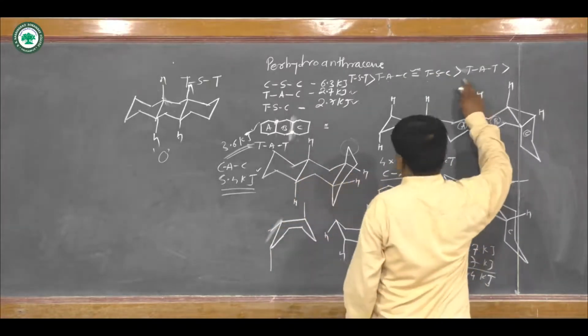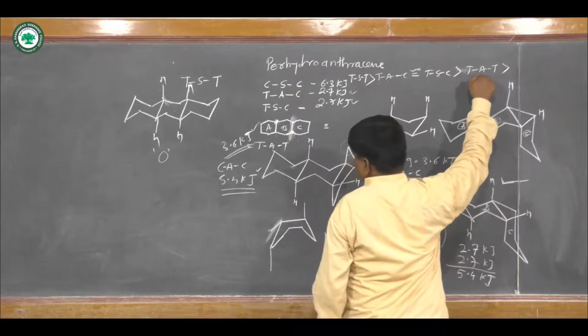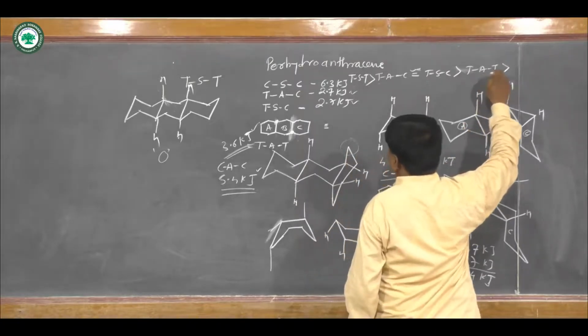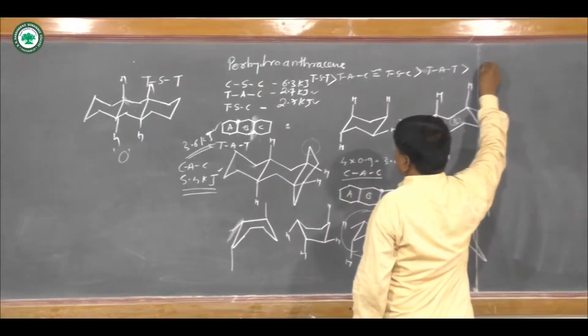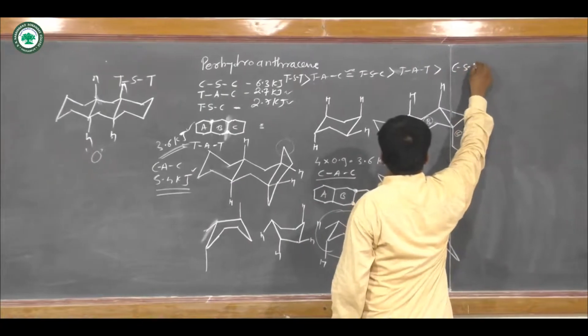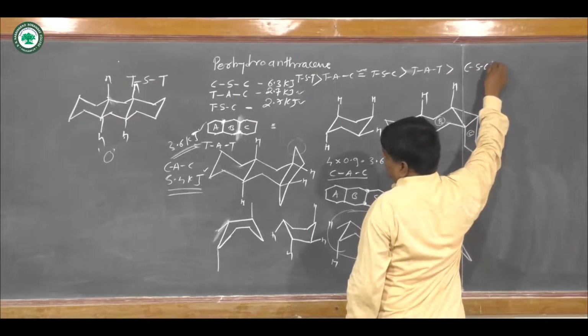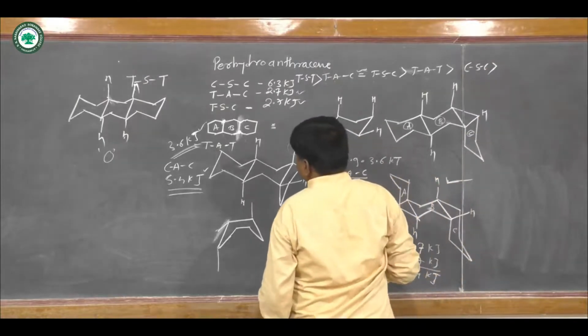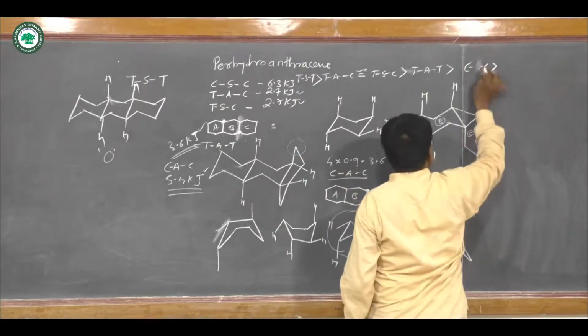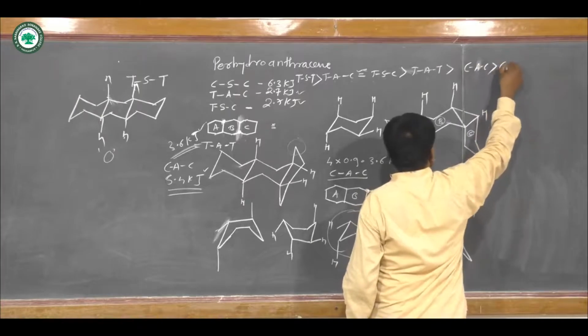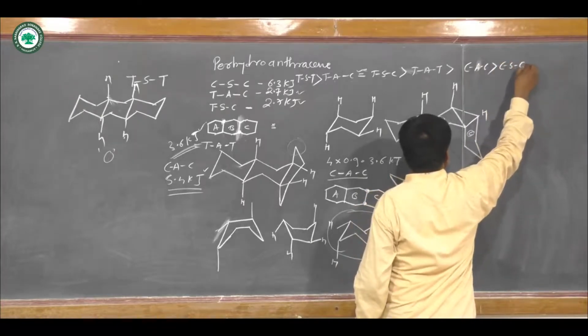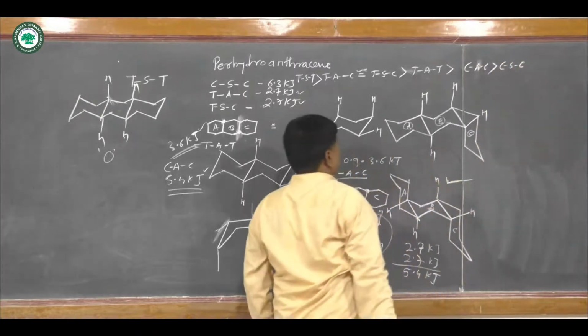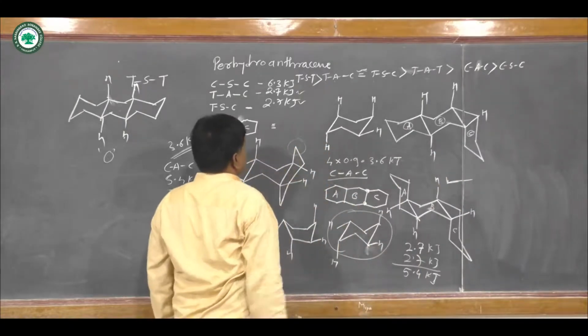The next one is trans, anti, trans, and the last two structures are cis, anti, cis and cis, syn, cis. Now we are going to write its energy.